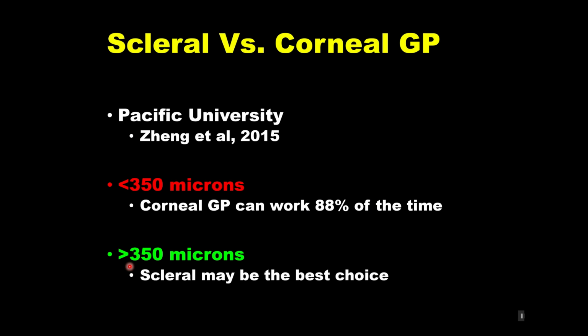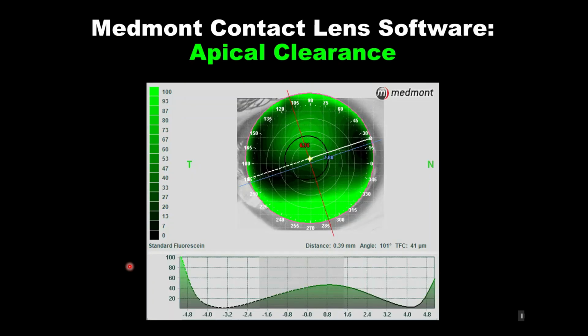In other words, the asymmetry of the eye is so high that a corneal GP really has a hard time managing it. So consider scleral when you're over 350 microns. Consider corneal GP when you're under 350 microns. Now, in this case, we were 334, so there was a chance that a corneal GP could work.